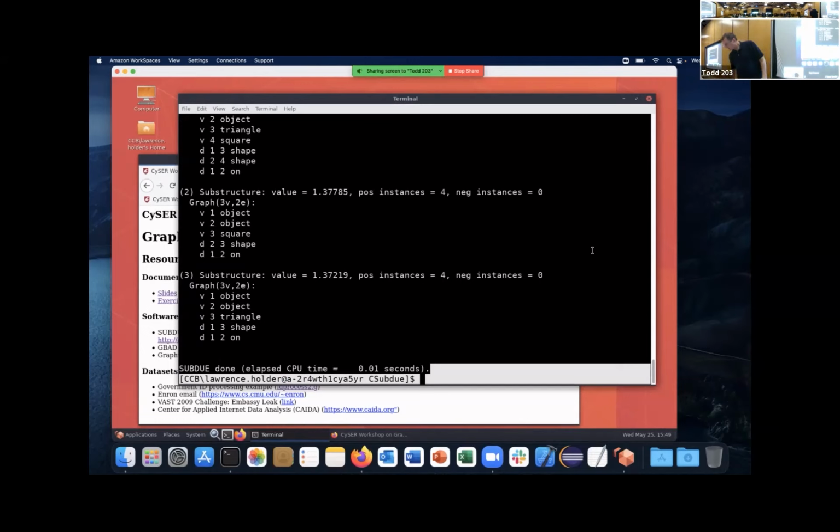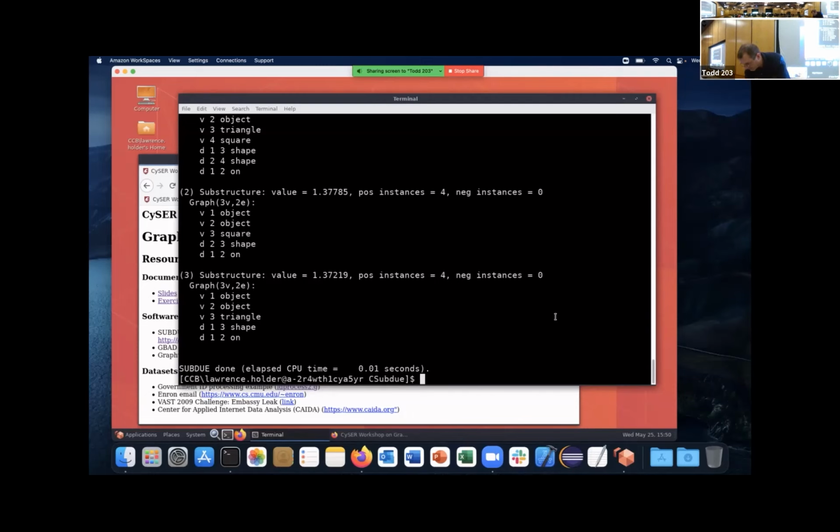And the other thing that's part of this exercise is to visualize things. So this is where you need that GraphViz. I've already installed GraphViz here, but to do it, you would say sudo yum install GraphViz.